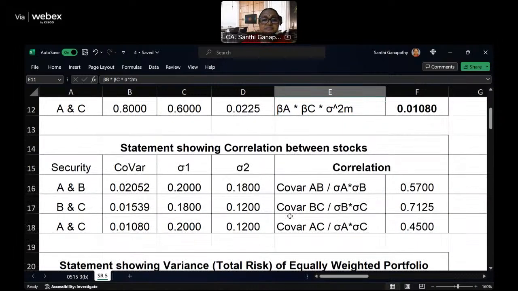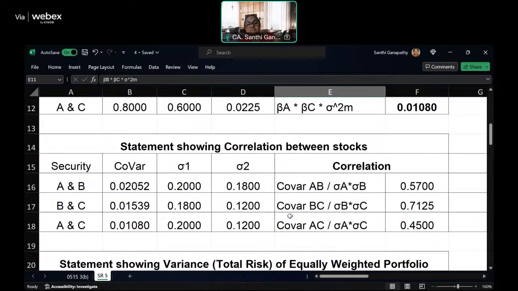Then correlation. Correlation is covariance divided by standard deviation by standard deviation.